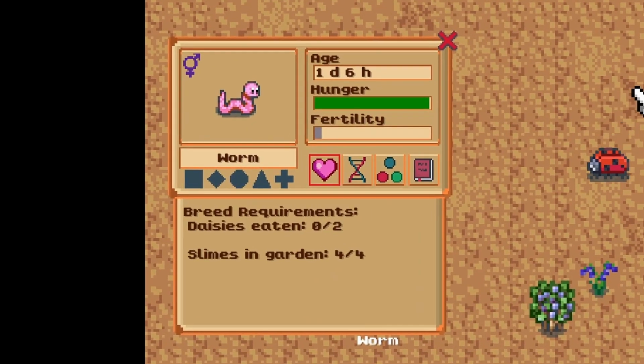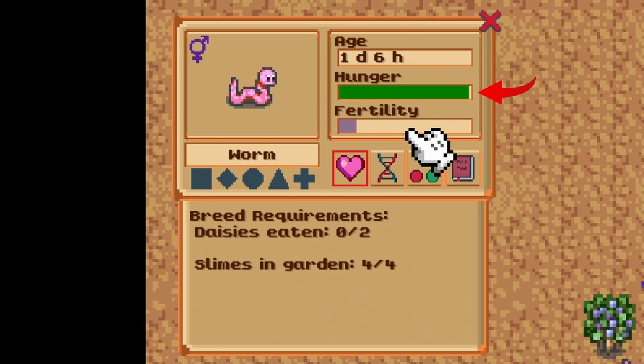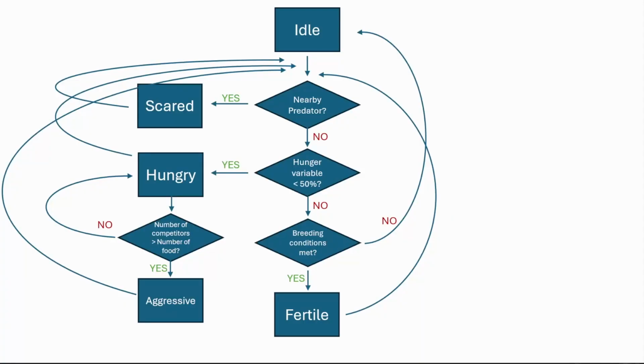Critters have 2 main internal variables: a hunger variable that decreases over time and a fertility variable that increases over time. Critters also track the consumption of specific food items that might be required for breeding. Together, these different factors make up the resulting state machine.